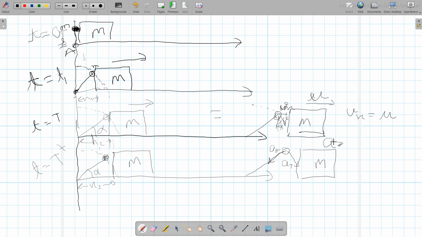Assume that the horizontal component of acceleration of the body in circular motion is ax, then ax is equal to a. So how am I going to calculate ax? I will draw it on the next page.